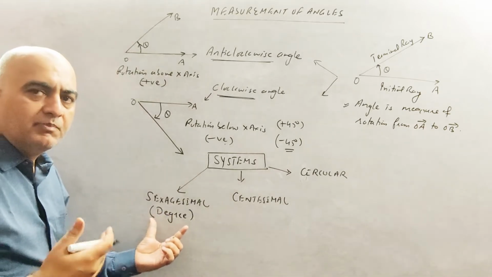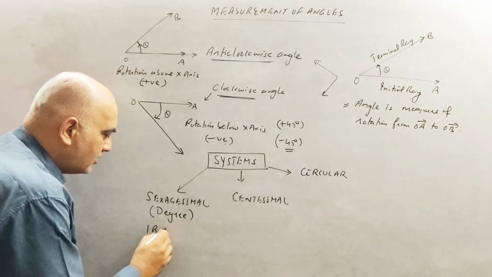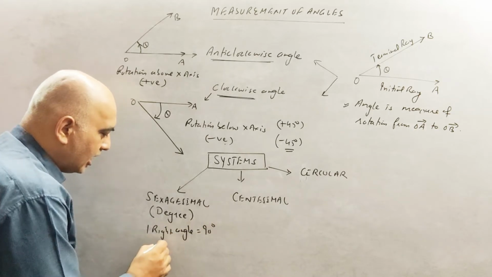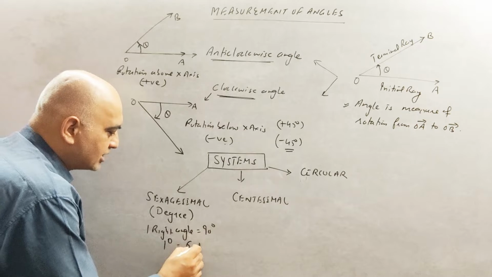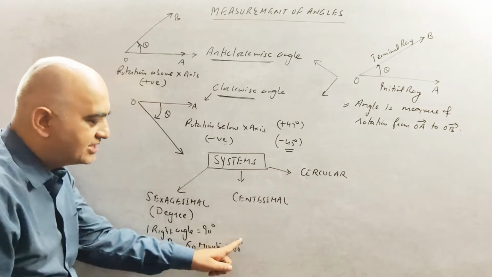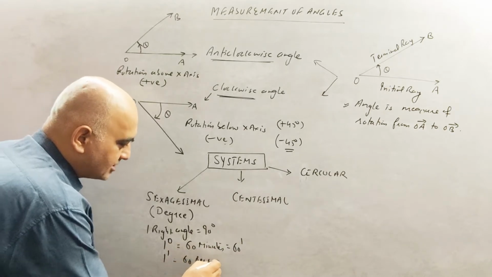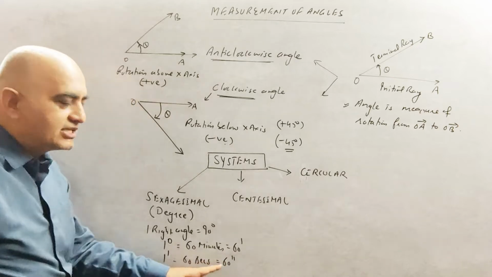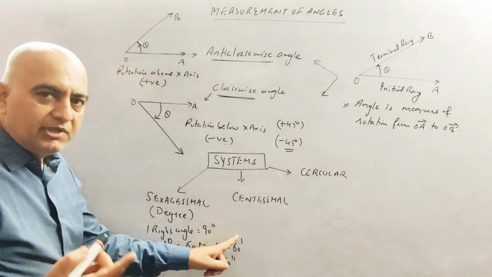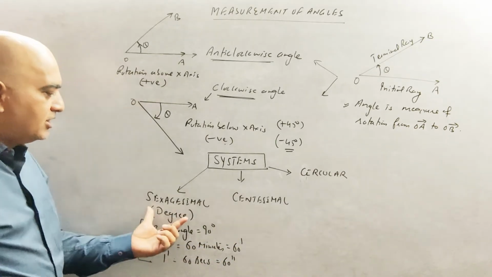As we have read in previous classes, one right angle is 90 degrees. And 1 degree is equal to 60 minutes, denoted by 60 dash, and 1 minute is equal to 60 seconds, denoted by 60 double dash. The dash is for minutes and the double dash for seconds. In this way, we represent the degree system.